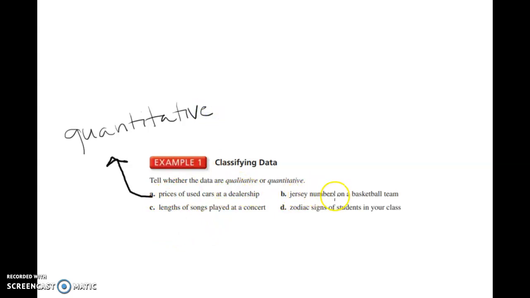Jersey numbers on a basketball team. If you add two jersey numbers together, you're not going to get the jersey number of a person. You don't take averages of them. So that is going to be qualitative.